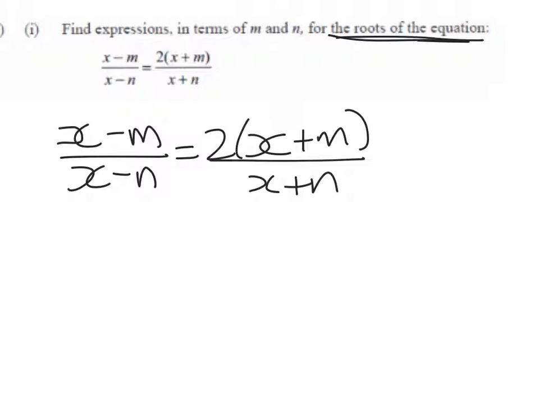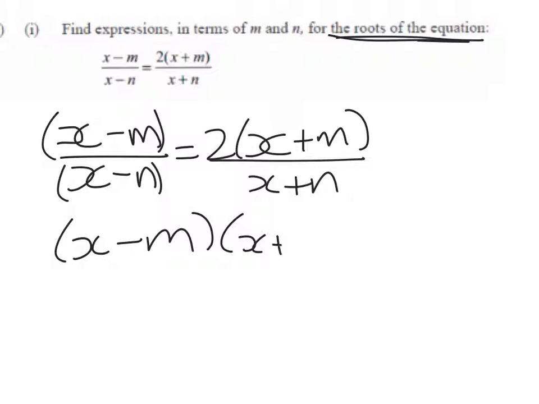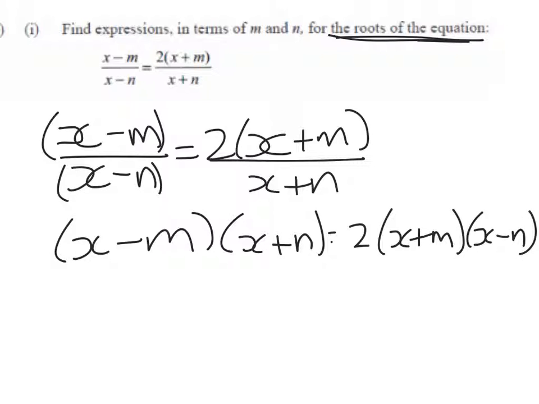We're going to start by cross multiplying. Put your invisible brackets in first, so make them visible. So we start by doing this. And basically we proceed from here as if the m and n were numbers that we knew.